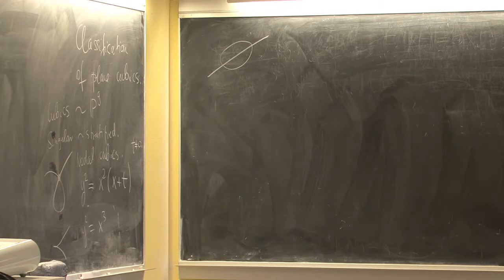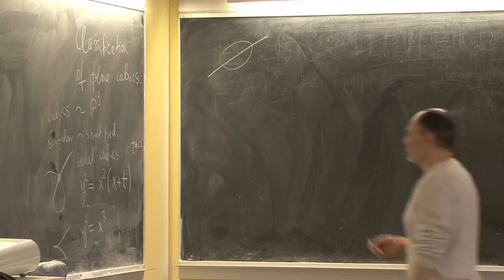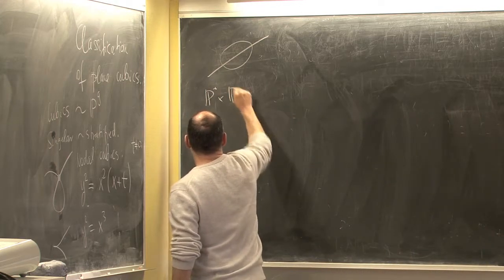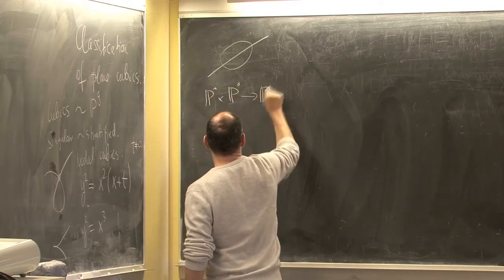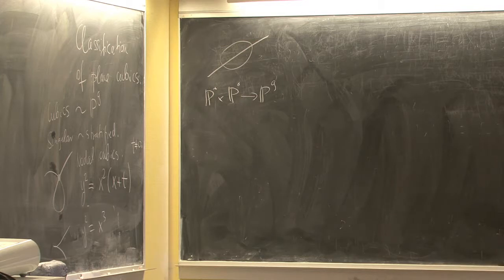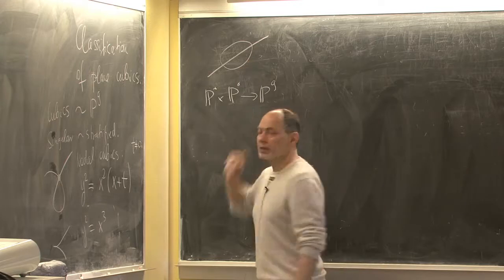And then we used the map from the corresponding products of projective spaces, identified the image, and this way we could calculate the degree of the things.